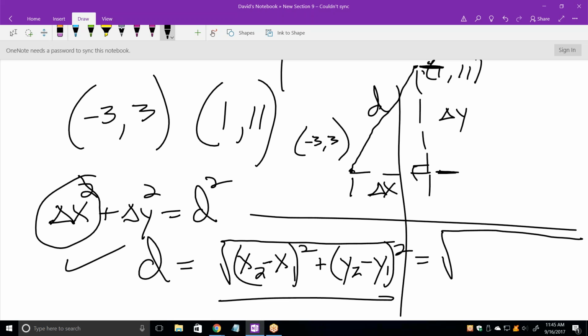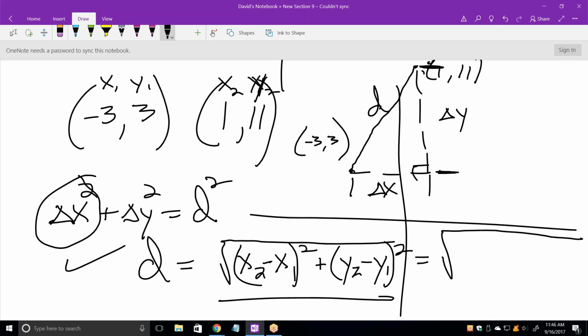That's x sub 2. That's y sub 2. This is x sub 1. That's y sub 1.